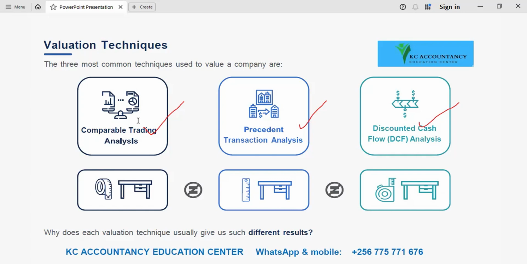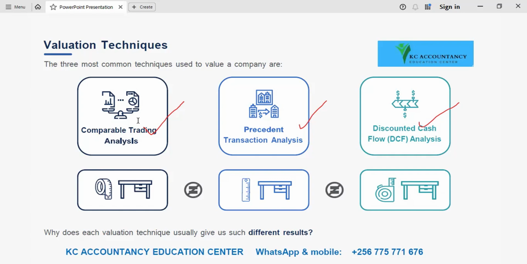That would be the big question. The correct answer to this question would be no. In other words, it's much more likely that these three techniques will point you towards three different values for the same company.